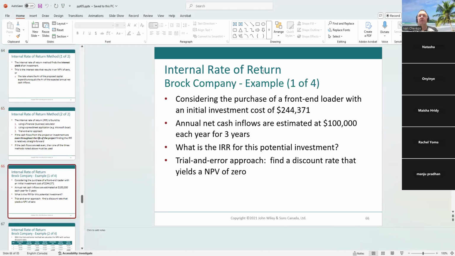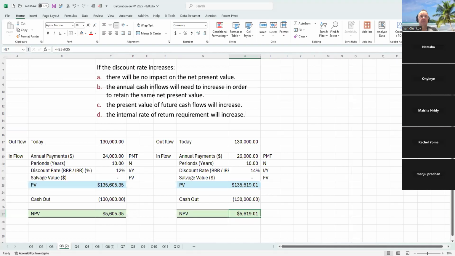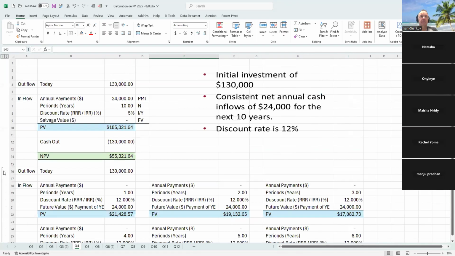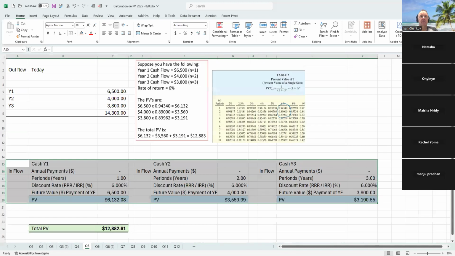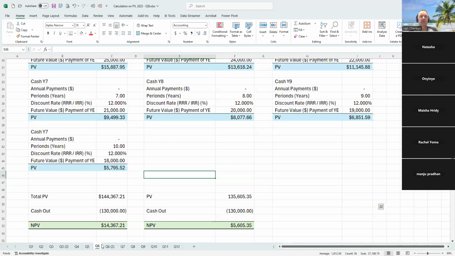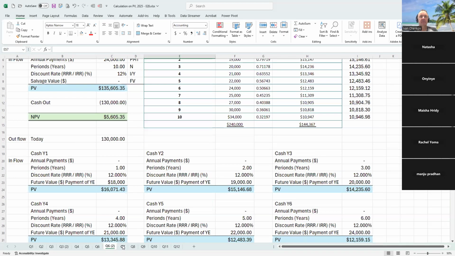So let me show you the three methods and then we're going to do this question. Let me find where exactly that one was. Not this one. That's a crazy calculation here. What I'm chasing is something very, very simple.